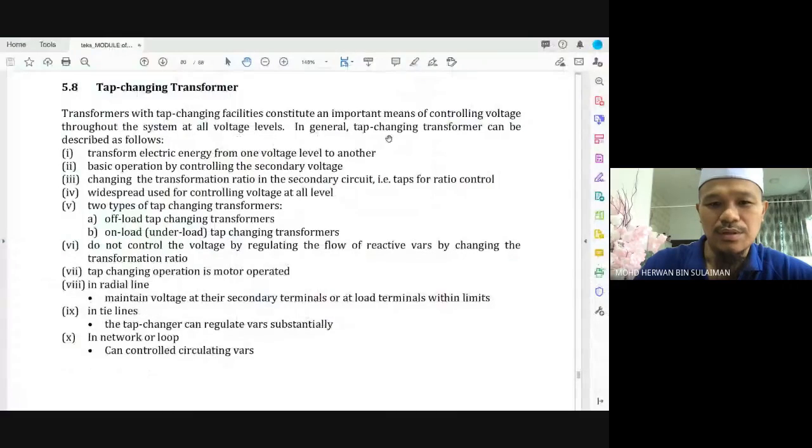In general, a tap changing transformer can be described as follows: it transforms electric energy from one voltage level to another.